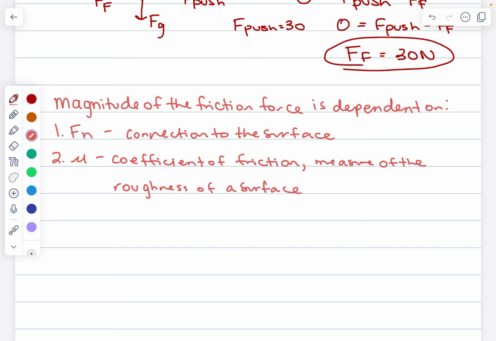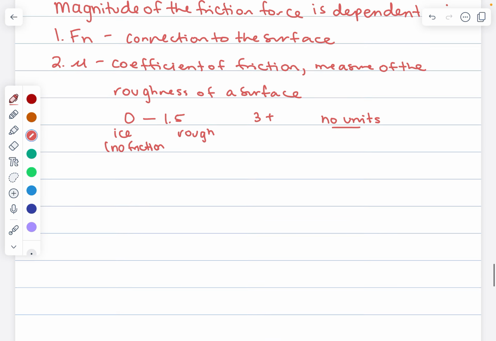The coefficient of friction is typically somewhere between like 0 for ice, no friction, and probably 1.5 for really rough things. It could go up to 3 plus, but you're really going to have a hard time moving at that point. Things that are going to be in motion are going to have something that's less than 1.5. It has no units.